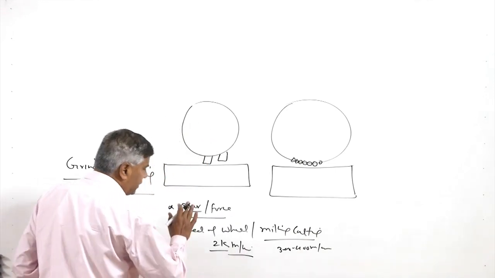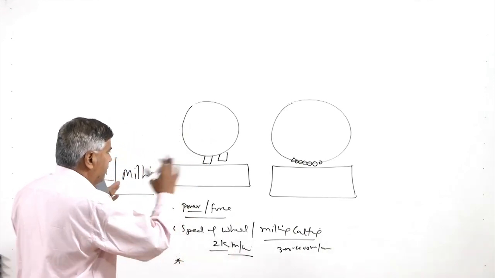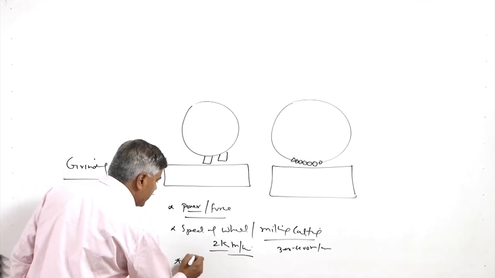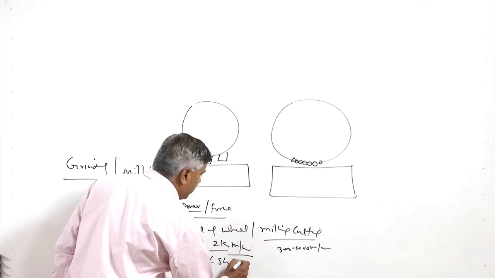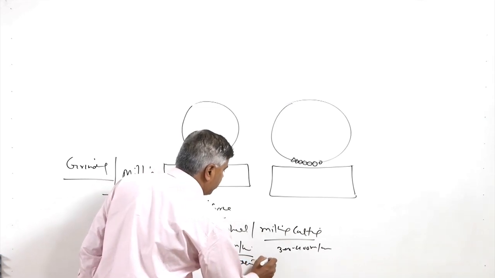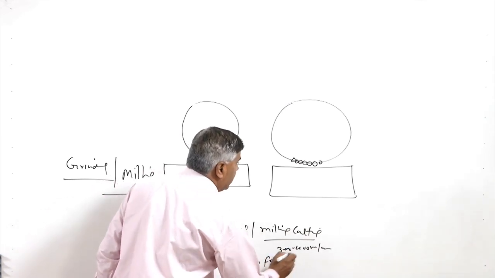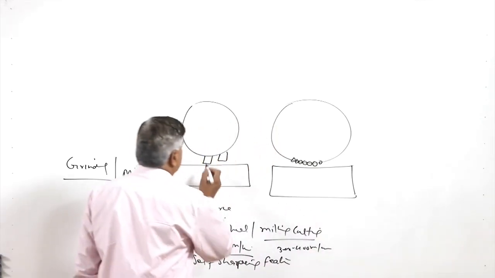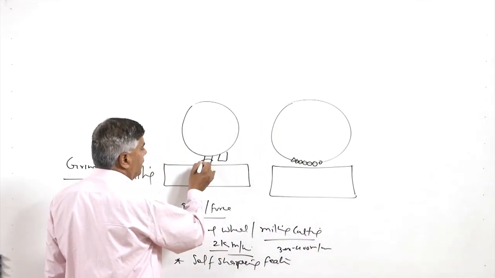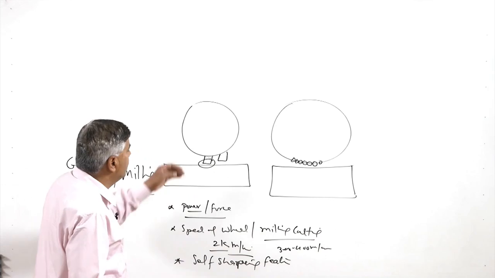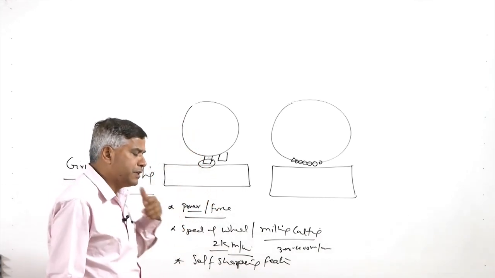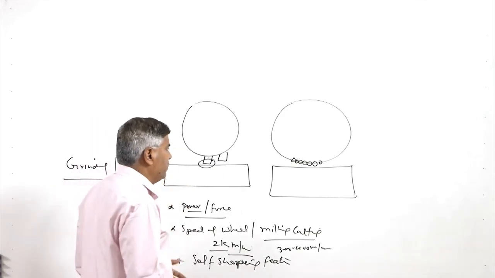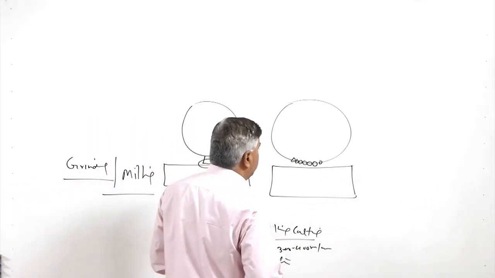The third comparative aspect related to milling and grinding is the self-sharpening feature of the grinding wheel. We know that wear is an integral part of any kind of machining process. The tool wears out gradually in milling, and it needs to be either resharpened or replaced.